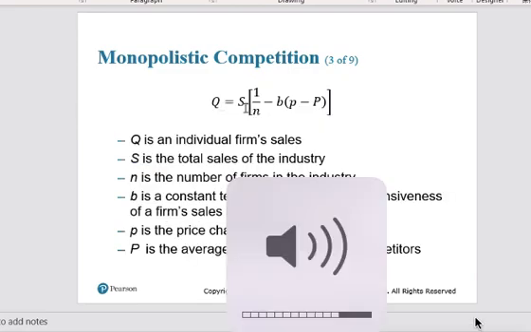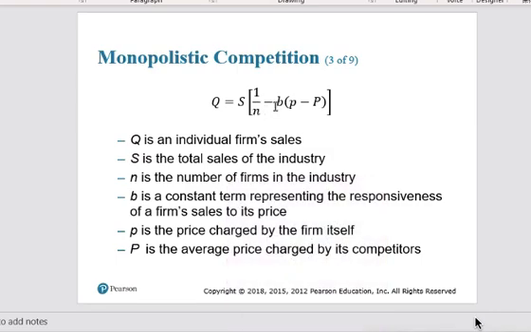And S is the sales, and N is the number of firms. B is the responsiveness of a firm replying to a change in price, like how much you charge compared to the industry average.